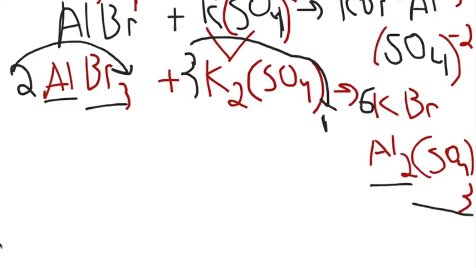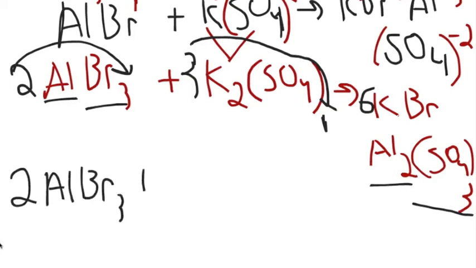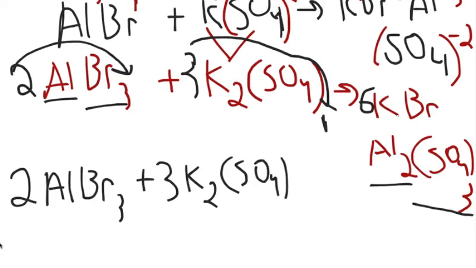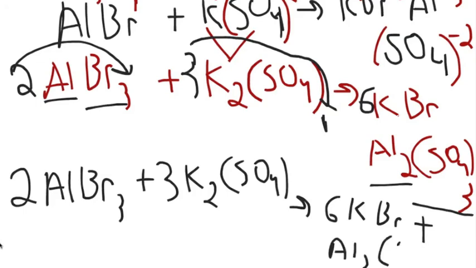Let's check our equation. We have 2 aluminum bromide plus 3 potassium sulfate, which gives us 6 potassium bromide and aluminum sulfate.